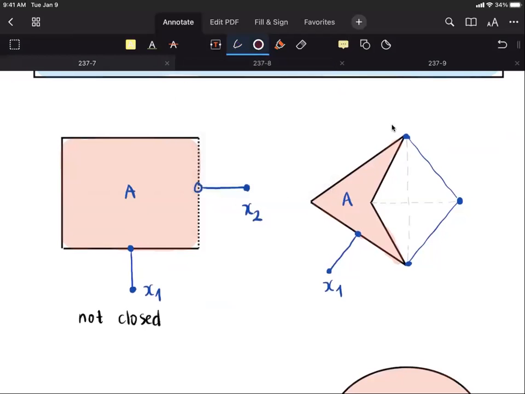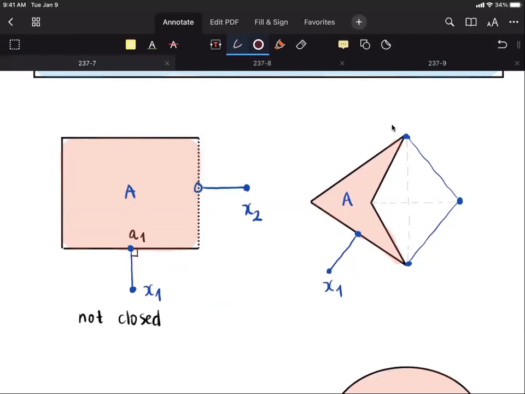And when you pick this point x1 here, you see that there's a point, let's say a1, that is closest to x1. And in this case, you can take this point on the boundary. And in fact, in geometry, we know that since we have a straight line on this edge, the line connecting x1 and a1 should be perpendicular.